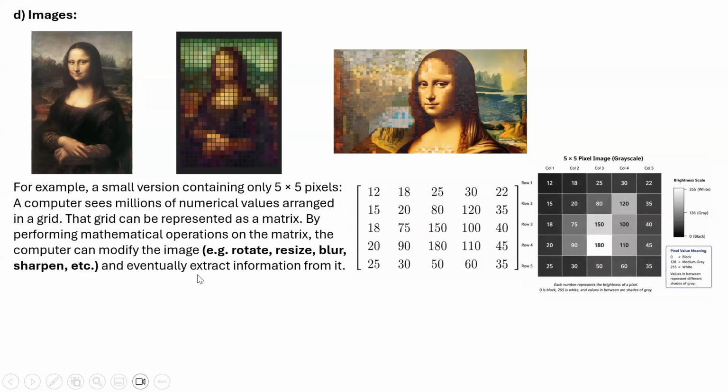This grid can be represented as a matrix. And if you want to change, for example, the brightness of a particular picture, I assume that this 100 is responsible for the brightness of the picture. Now, if you want to increase the brightness, this 100 will go up. Let's say it will become 120 or 150, for example.